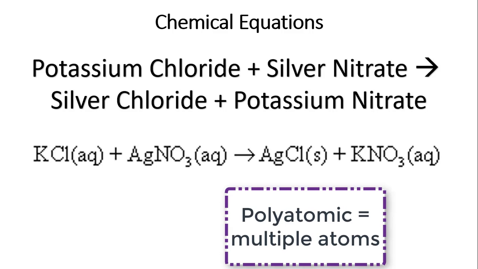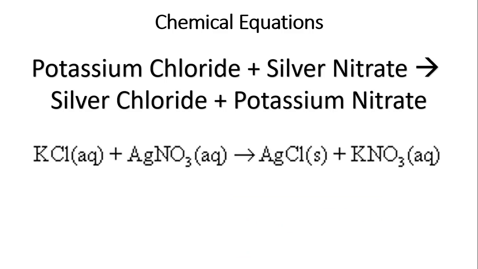You might want to go ahead and Google polyatomic ions so you can see the list and start memorizing that. And then on the other side, you have silver chloride and then potassium nitrate. This is an example of what we call a double displacement, where silver and potassium swap places, and then the chlorine and the nitrate anion swap places.